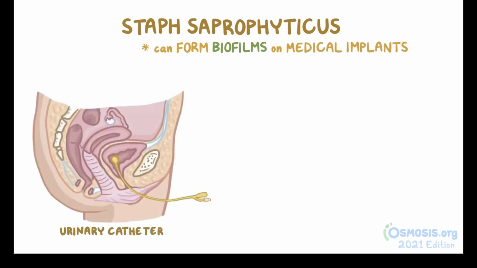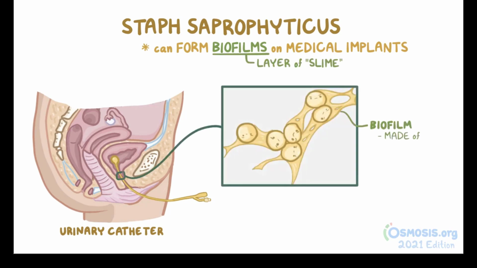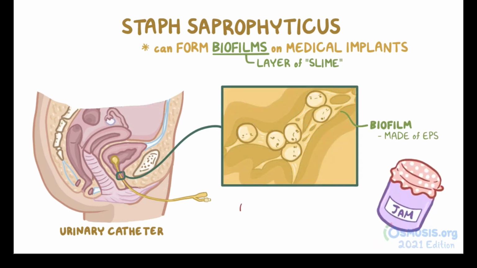Staph saprophyticus can also form adherent biofilms on medical implants, typically indwelling urinary catheters. A biofilm is basically a layer of slime made of exopolysaccharides, or EPS, where Staph saprophyticus live and reproduce. Comparing a biofilm to strawberry jam, the seeds would be the bacteria and the rest of the jam would be the EPS.